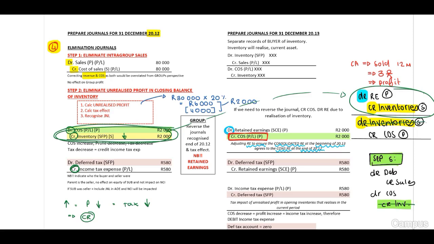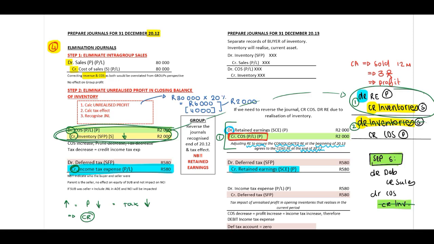Now, that's why we'd rather choose to include only one journal entry. But if you want to, you can make use of the two on the right side. Then please remember your tax implication, which will be recognized to your retained earnings. We will credit the retained earnings because prior our income tax expense in our profit and loss were credited.